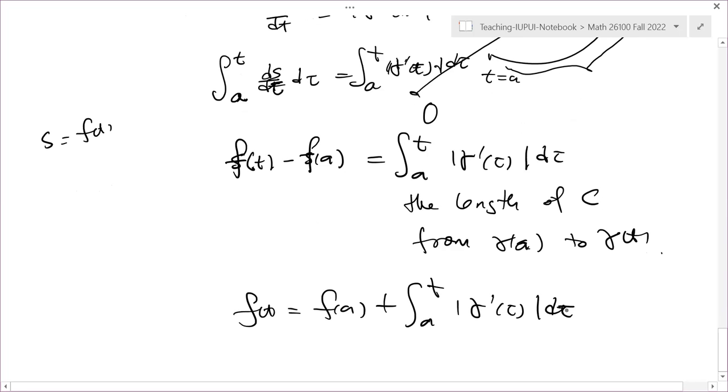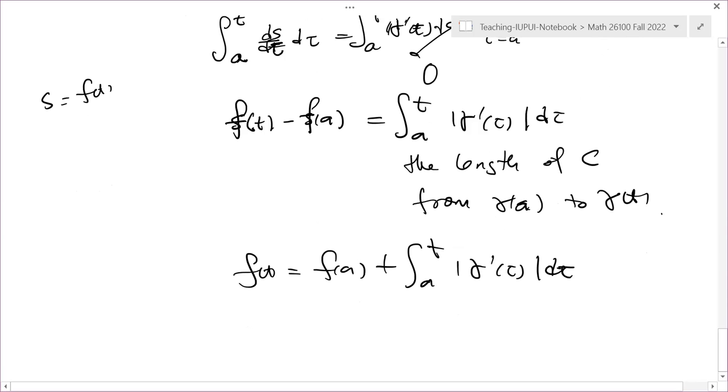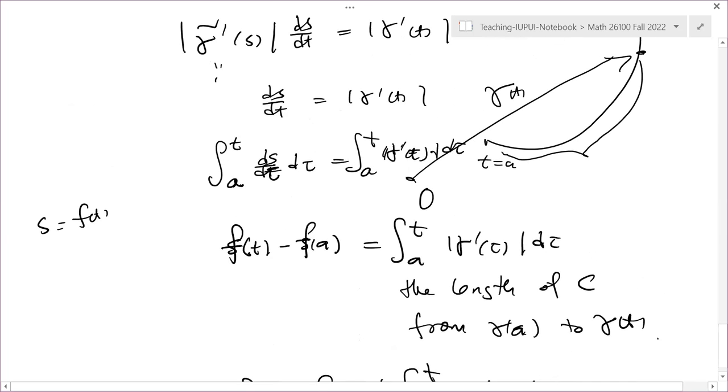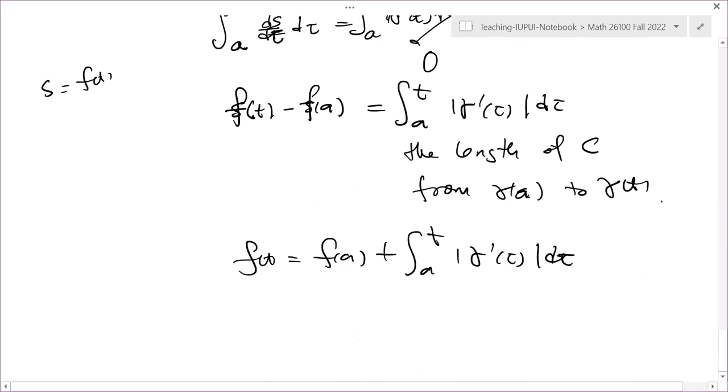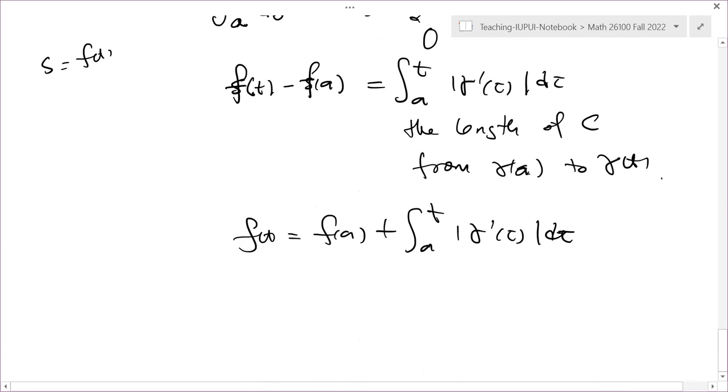So if such a new parameter exists, then this f is uniquely determined, which just gives the length from t equals a to t equals t. Look at the picture here. If you are able to find the length of the curve, you can get the new parameterization. So this is s.